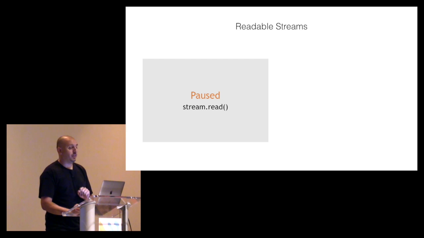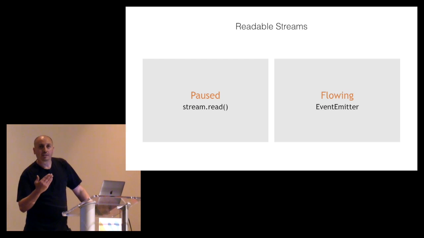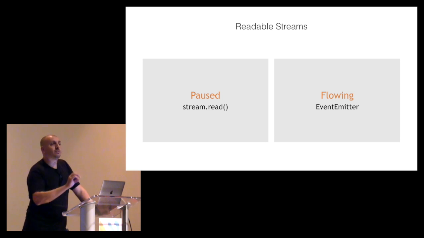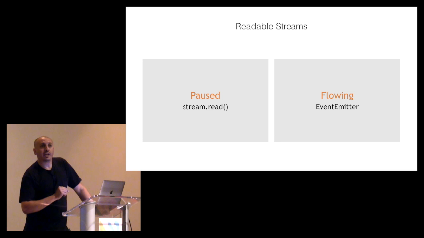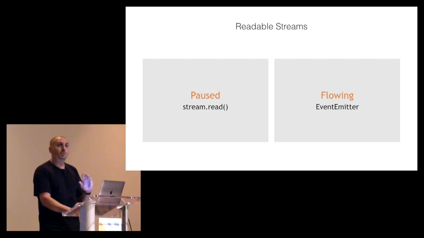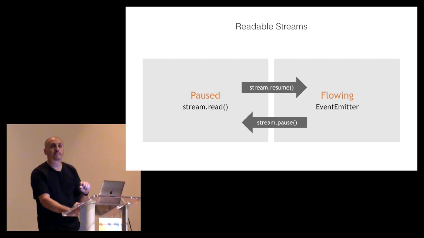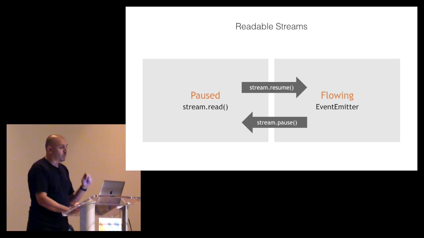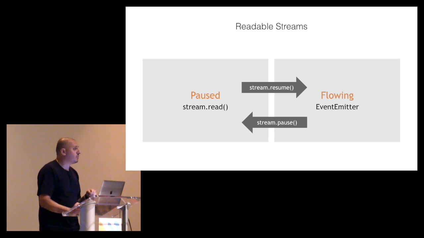Or they can be flowing, and in that case, they're actually running, so you have to register events to capture their data. By default, you get paused, and you can actually switch back and forth between paused and flowing, and sometimes that happens automatically by Node. So when you register a listener, Node automatically switches a paused stream into a flowing stream. And when you remove that listener, it switches it back.